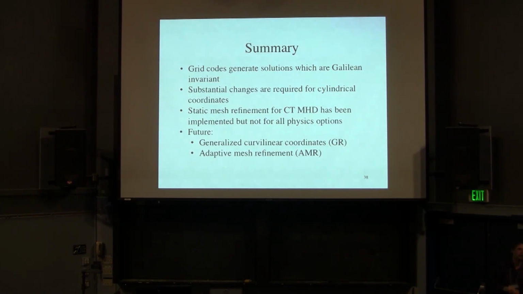So there is a spherical polar grid version available. If it's fully debugged and working well, then we'll upload it. I don't like to put things on the web that I'm not absolutely sure work. And even then, there are still problems. I'm not going to say that everything in the public version of Athena works, but I try at least to think it works. So it's not ready for prime time yet. It's not in the public version yet.